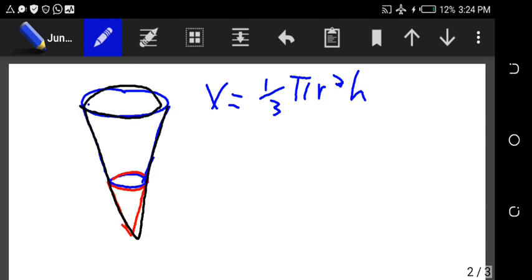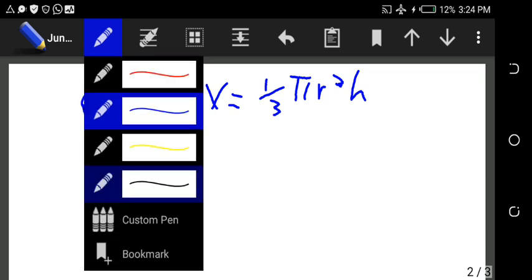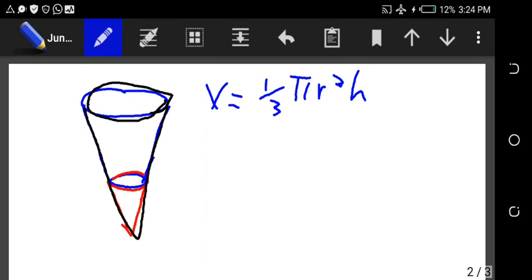And then we have a small cone. A small cone is this one here. So if I want to bring out this diagram, look at what we have: the bigger cone now.